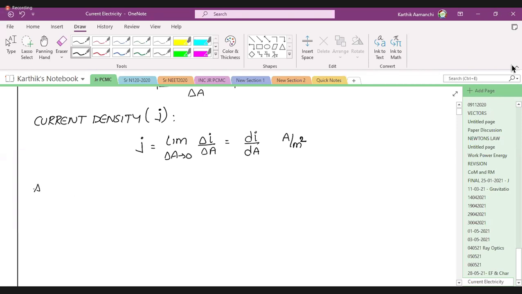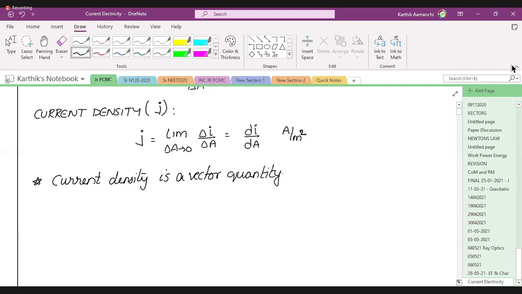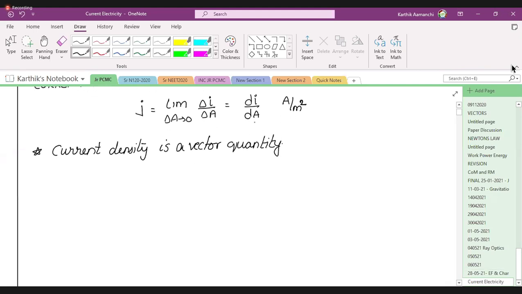So current density is a vector quantity, and the units are ampere per meter square. Ampere per meter square. Okay.